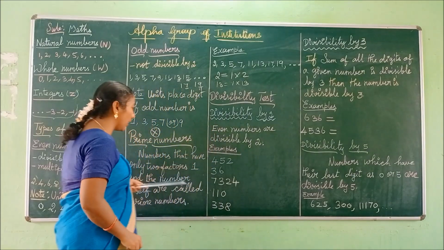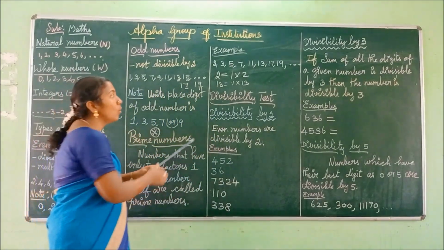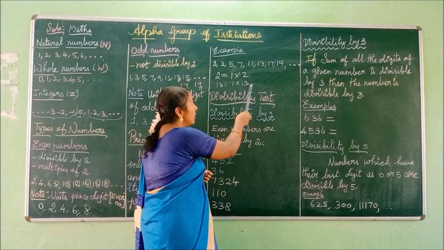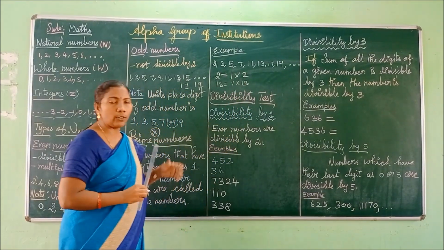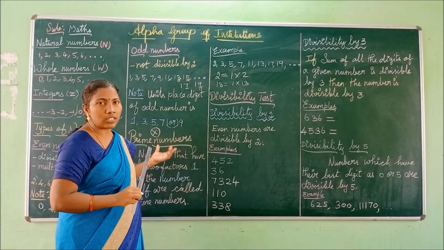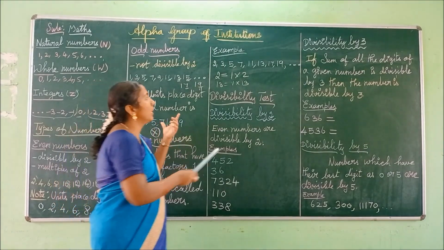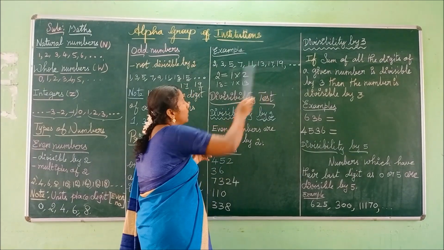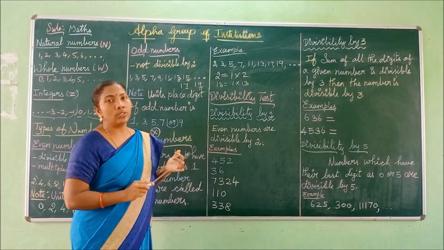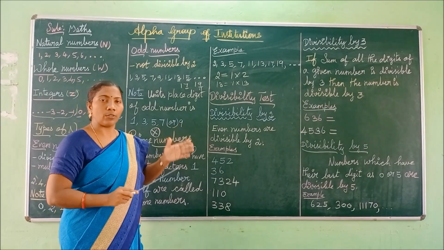That's why we are saying numbers that have only 2 factors, 1 and itself, such numbers are said to be prime numbers. I hope you all understand the concept of prime numbers. Okay, so we can call these numbers prime numbers. You have to remember these numbers. What are the prime numbers? 2, 3, 5, 7, 11, 13, 17, 19, etc.